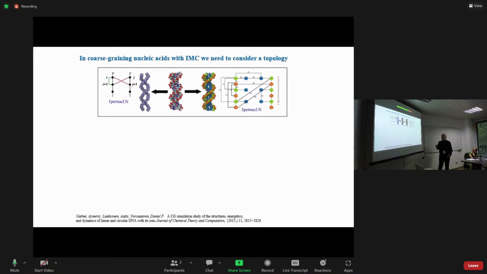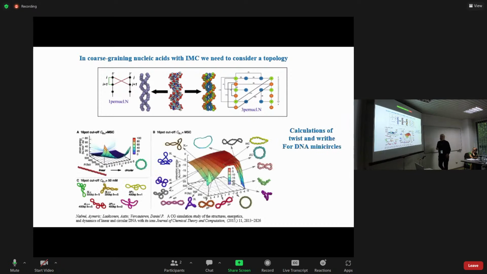Here we have sugar, phosphate, and base as beads, but then we have to decide the topology. Then you can use it in simulations like this, where we have studied up to 500 base pairs, twist and drift of DNA, minicircles, and so on, which you probably have seen in an old-fashioned telephone.